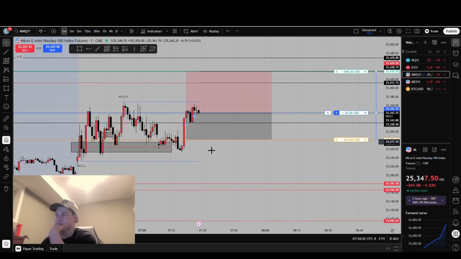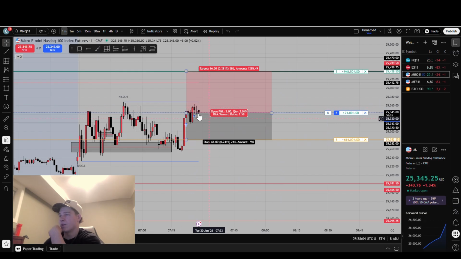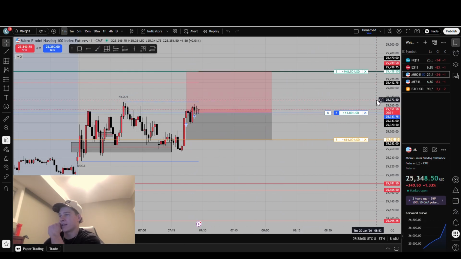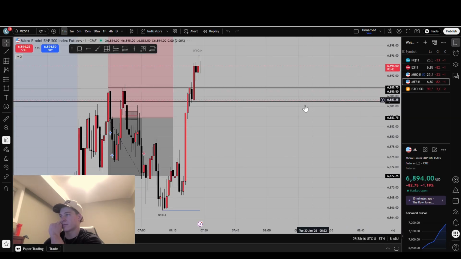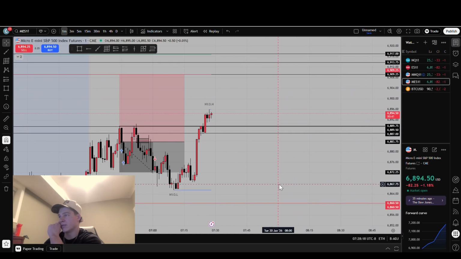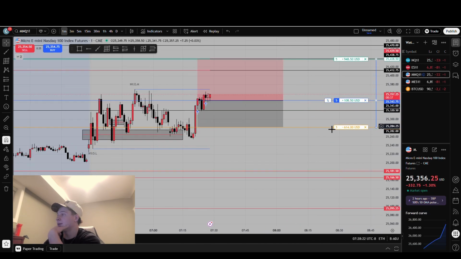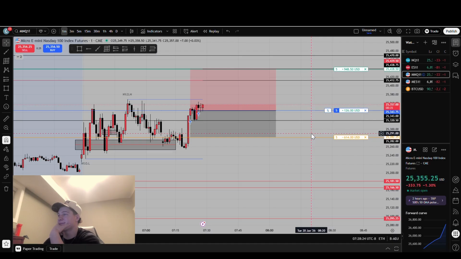And it's created a 1-minute value gap, kind of expected after an extension like that. Anything else? No. ES is doing better than NQ now. That's just the way of the world, I guess.